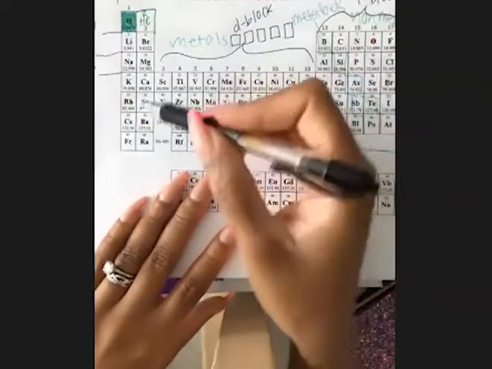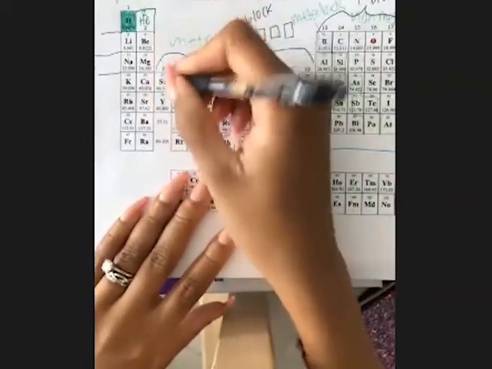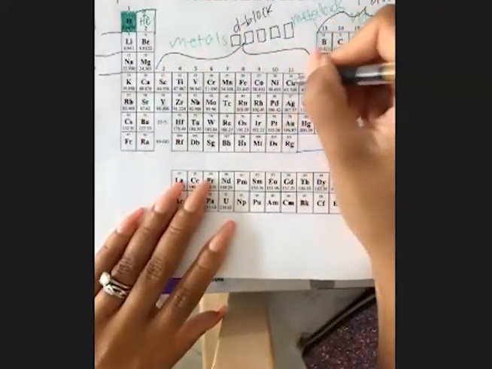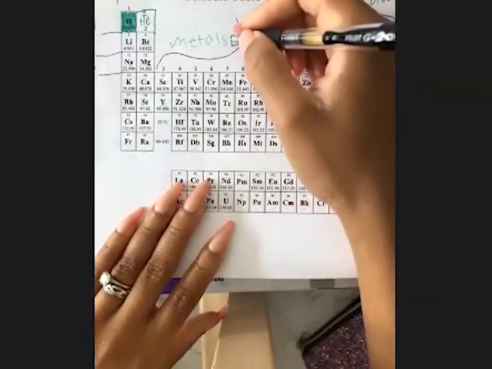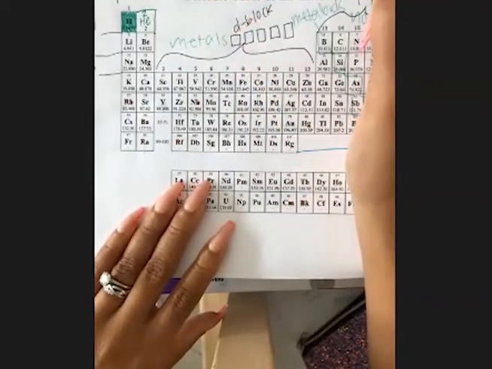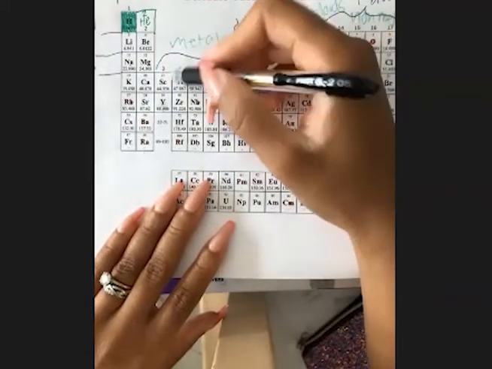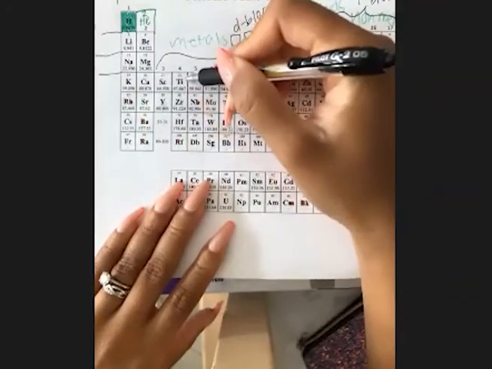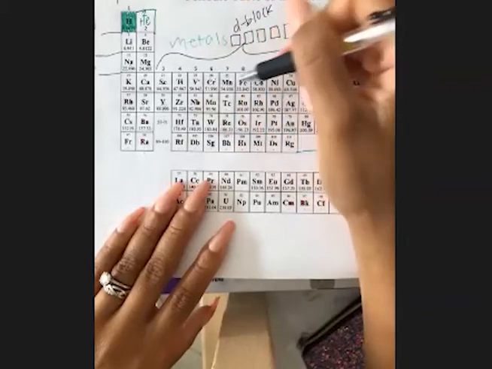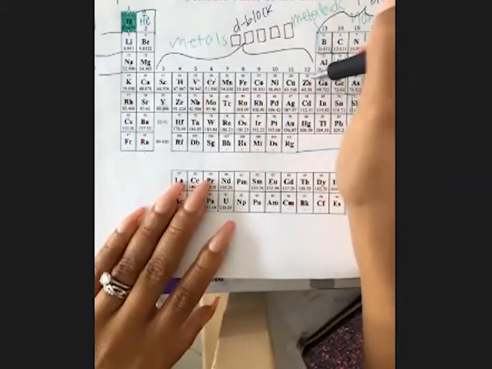And if you look at the transition metals starting here with scandium, 1, 2, 3, 4, 5, 6, 7, 8, 9, 10. And that's because there's 5 orbitals and 2 electrons per orbital. So scandium is D1, this is D2, D3, D4, D5, D6, D7, D8, D9, D10.